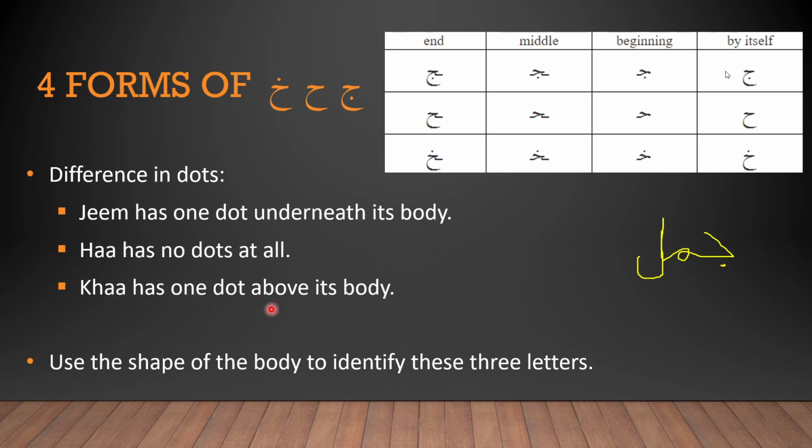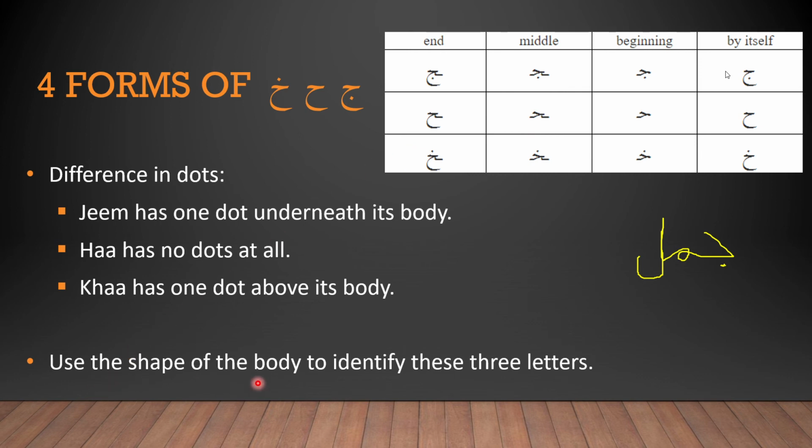KHaa has one dot above its body. There is a dot over here above, there's a dot over here, and similarly there's also a dot over here. So the difference between Jeem and KHaa can be very clearly seen. Jeem has a dot underneath and KHaa has a dot on top of its body. And KHaa, of course, has no dots at all.